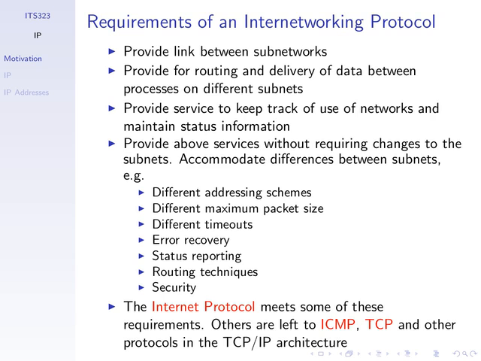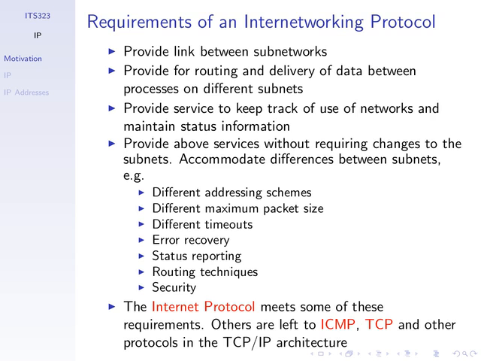Or maybe it uses a checksum to do forward error correction. Maybe this uses stop and wait, this uses selective reject. So they may use different types of error recovery, some no error recovery. And we need to deal with that across the entire internet, from source to destination.